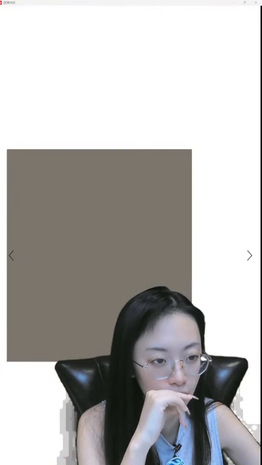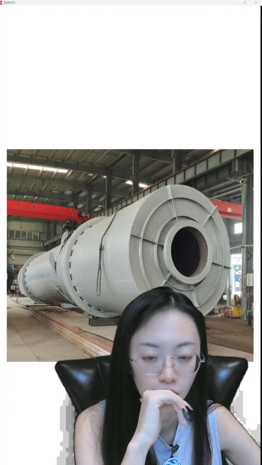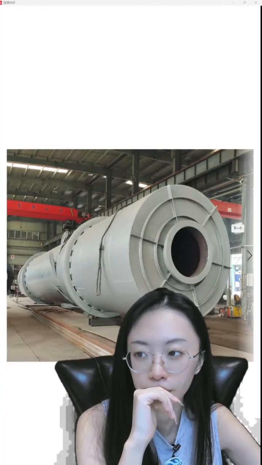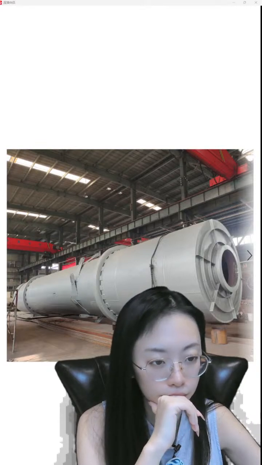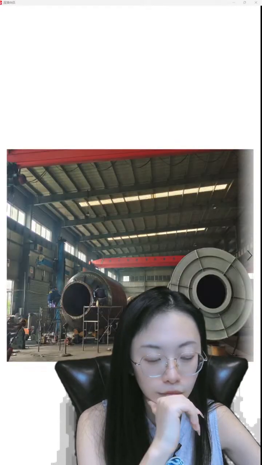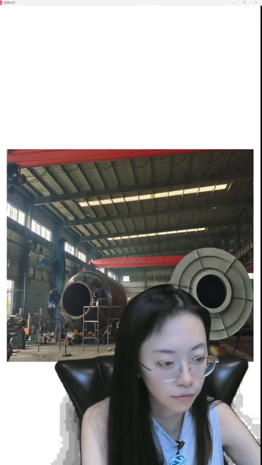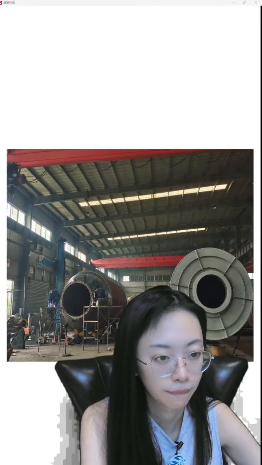And what the drying machine looks like, here it is, a long drying machine. We took this picture in our factory.